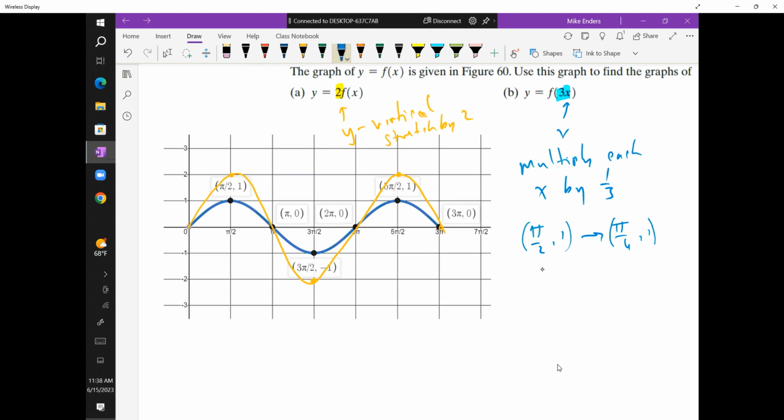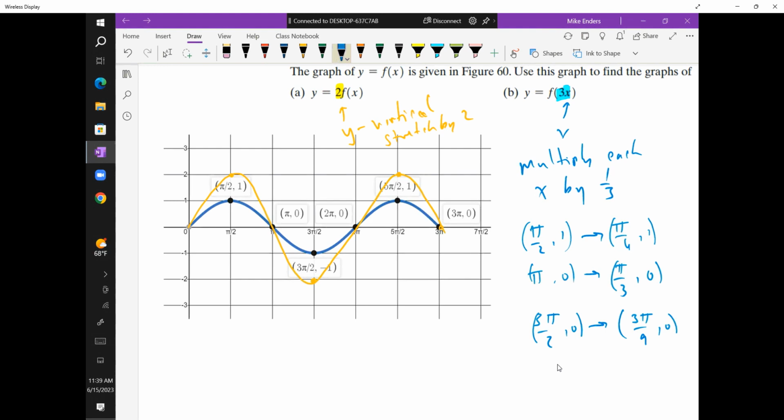At pi, 0, I'm going to end up with pi over 3, 0. Let's see, our next point was 3 pi over 2.